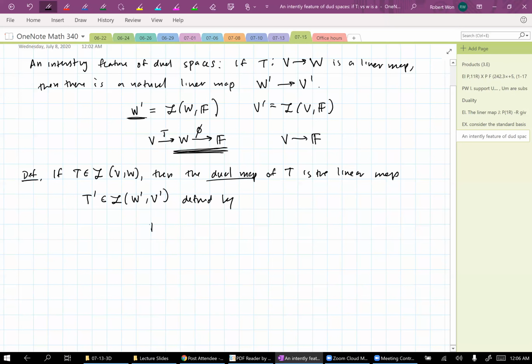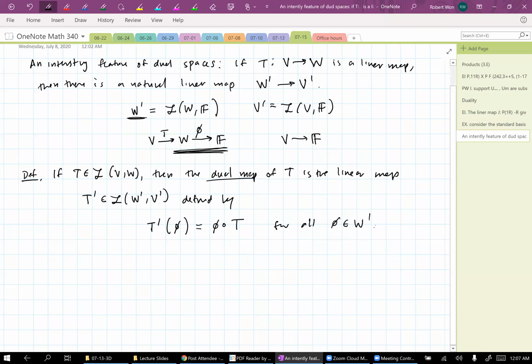Okay, well, T prime is a map from W dual to V dual. So we pretend that phi is a map in W dual. You need to spit out a map in V dual, but what you do is you precompose with T. So it's phi of T. And this is for all phi in W dual.